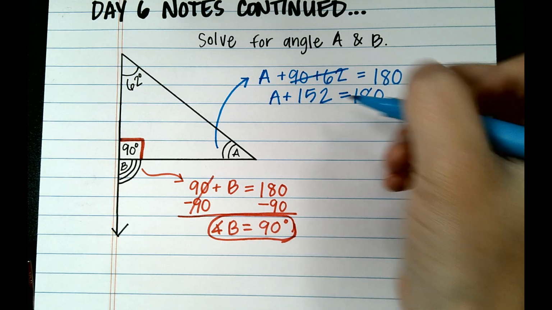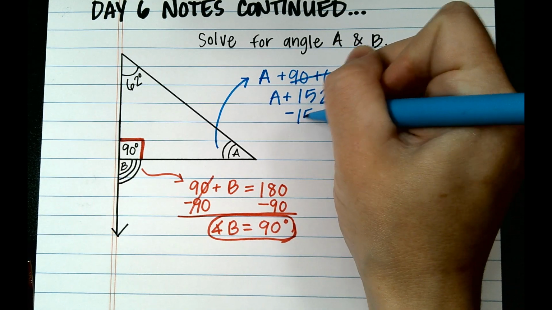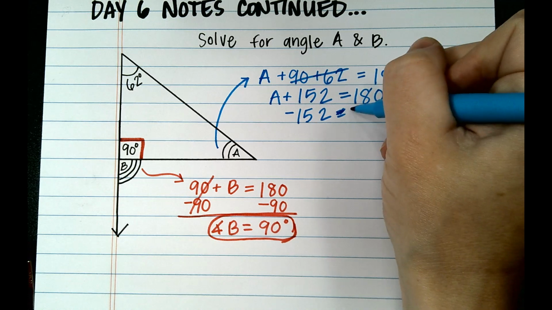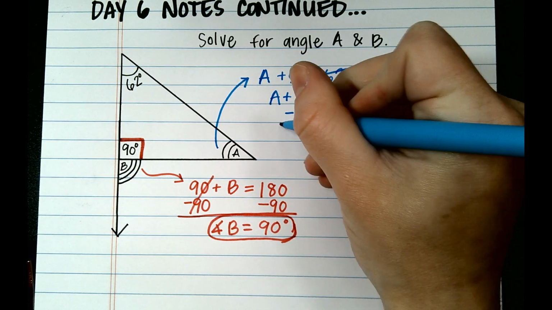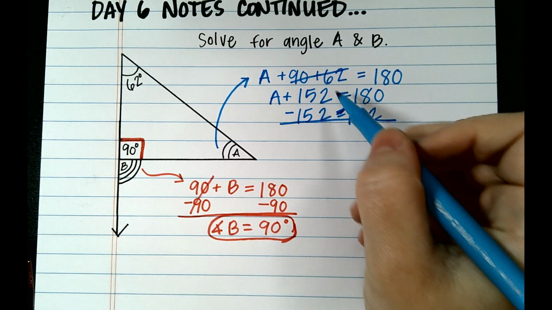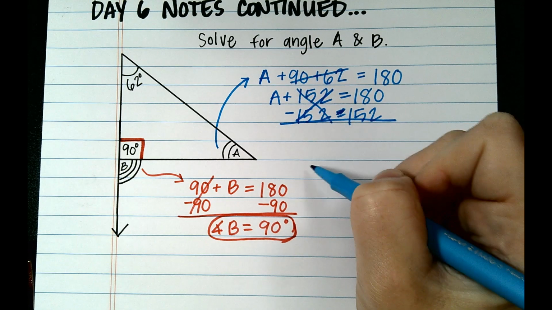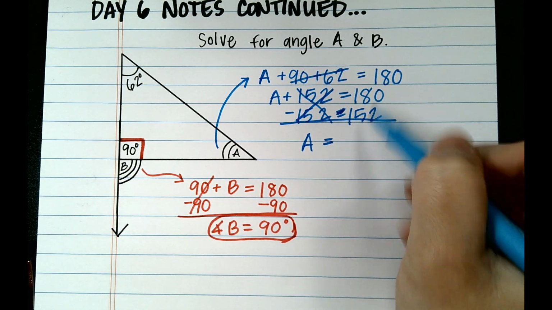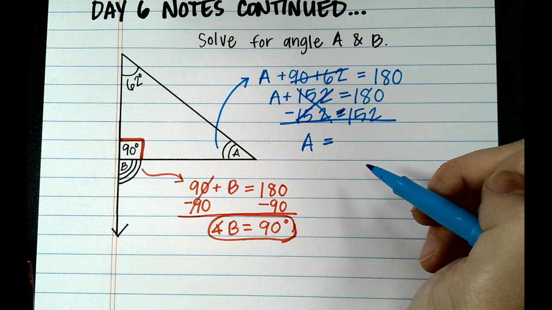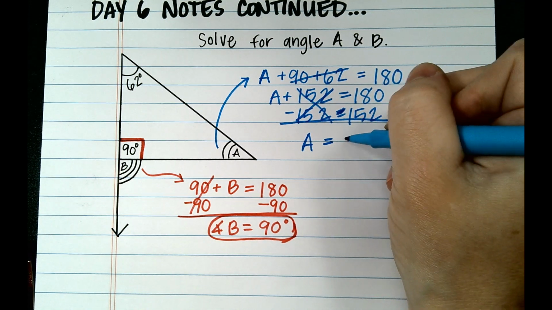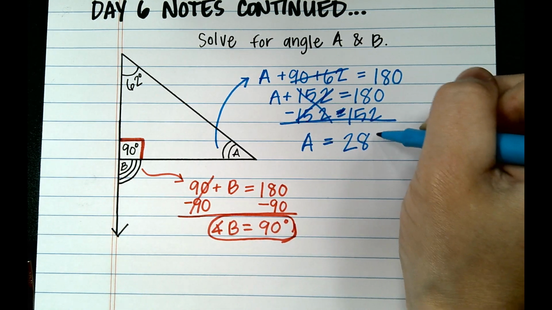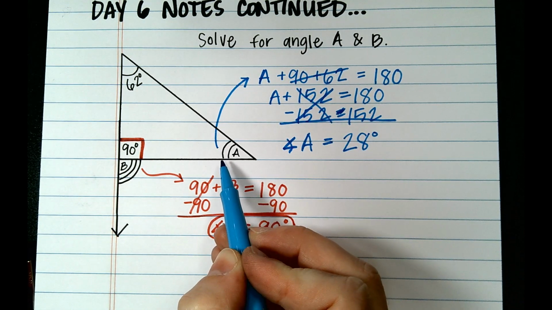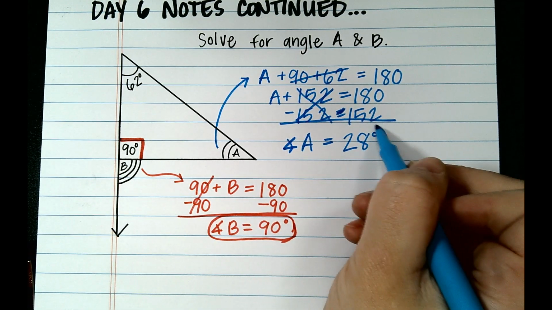And now we just subtract 152 from both sides. And those cancel, and we get A equals what? Just 28. So, angle A is 28 degrees.